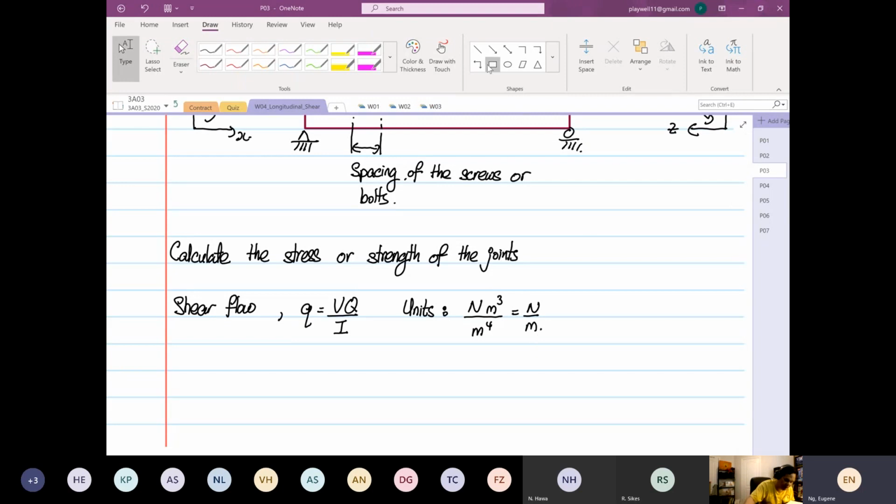And does this formula look familiar? Yes or no? You've seen it before, last week. Right?